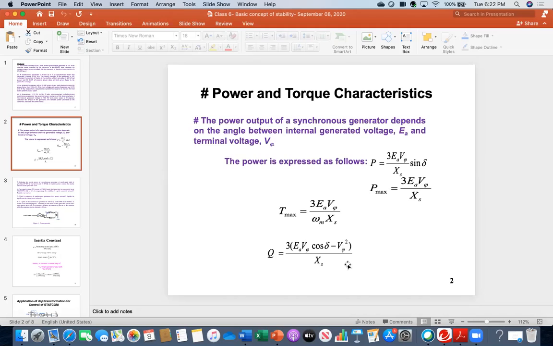I got 48 for this. In this place, did you use the 12 over root 3 kV squared? Yes, sir. And the next is your 3. Yes, sir.